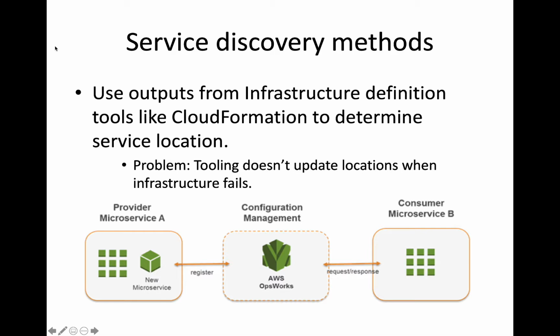But if the availability zone that the database server is running in fails at some point, then the location of the database server may change, and the consuming services wouldn't be able to look to CloudFormation for that new service location, because the outputs in the CloudFormation templates are fixed at the time of the stack deployment.